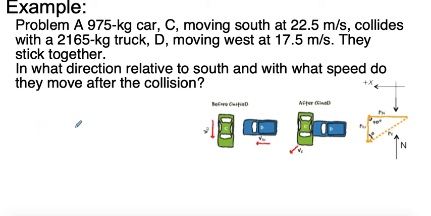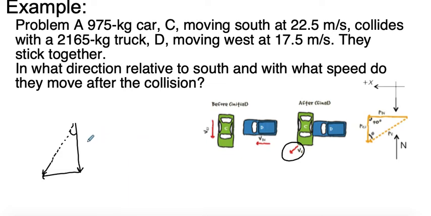So we have car C moving south at 22.5 meters per second, and then the other car is going west at 17.5 meters per second. They collide, and it results in a vector that's going down this direction. So this is the angle that we're looking for, because they're colliding and they're going down that way, as shown in this vector right there.